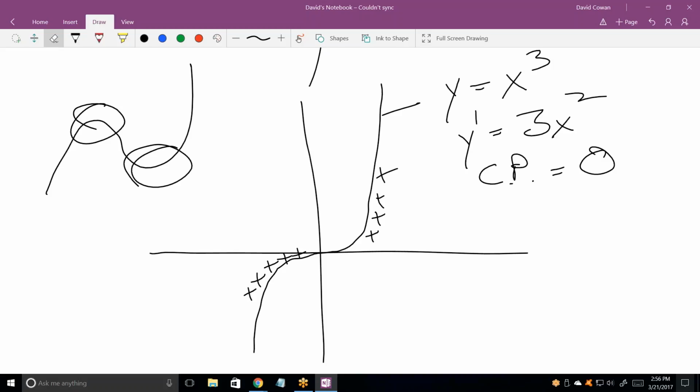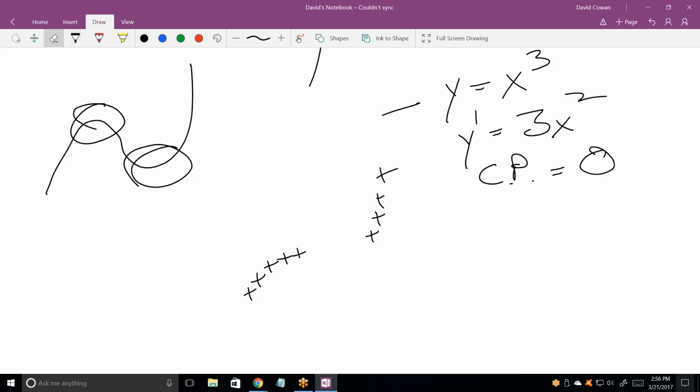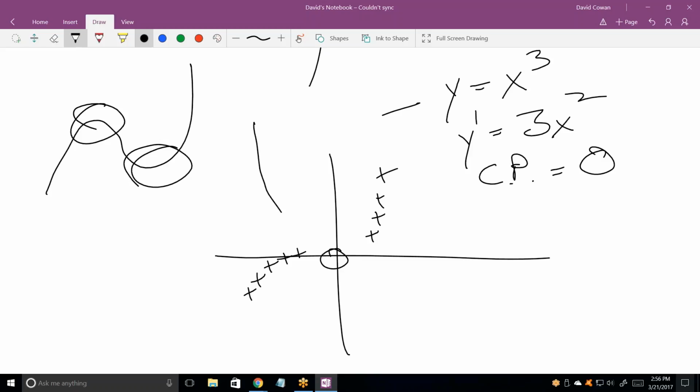And then when I do the first derivative test, I see that it's plus prior to the critical point, and it is plus after the critical point. If the sign does not change, then it is neither a maximum or a minimum, even if it went like that.